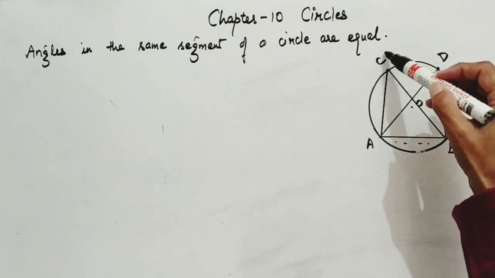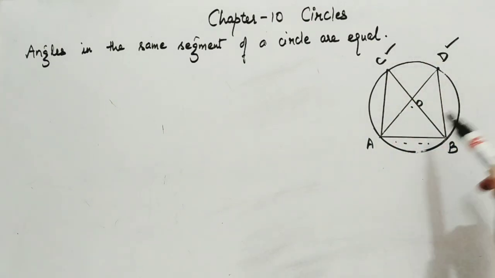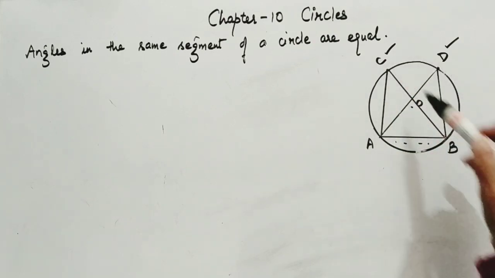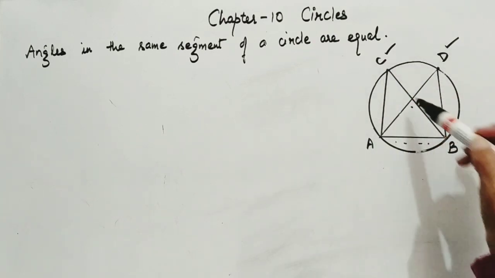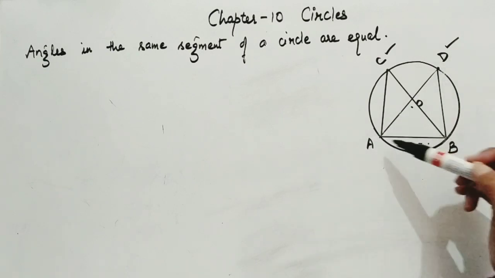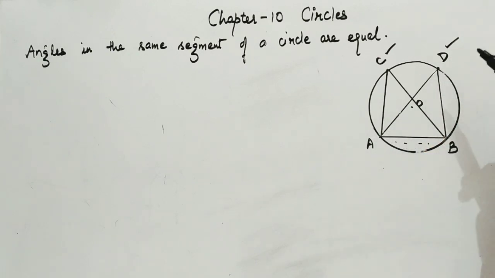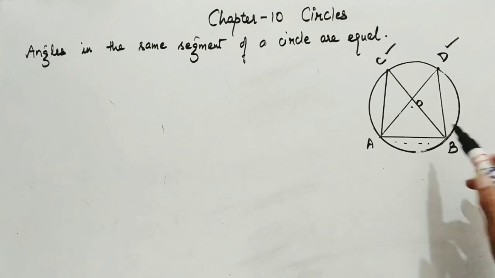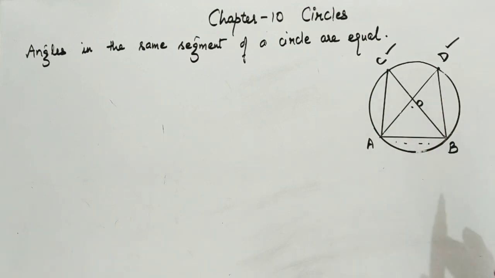So here 2 points C and D are taken. AC and BC are connected. ACB is one angle in the segment, and when D is connected to A and B, ADB is another angle, and these two angles ACB, ADB are in the same segment. Which segment? Major segment. So we have to prove that these two angles are equal.